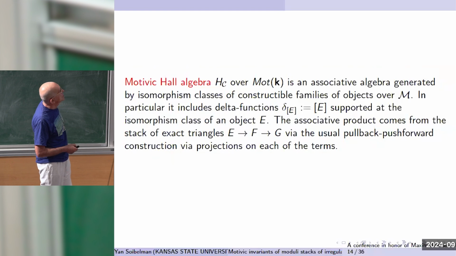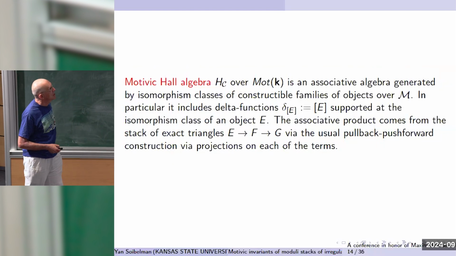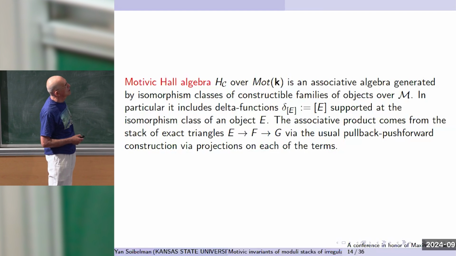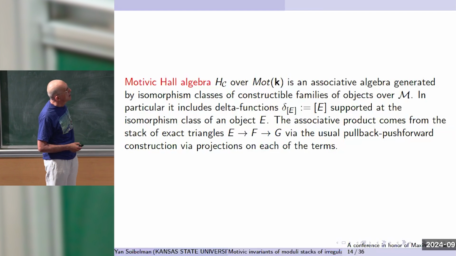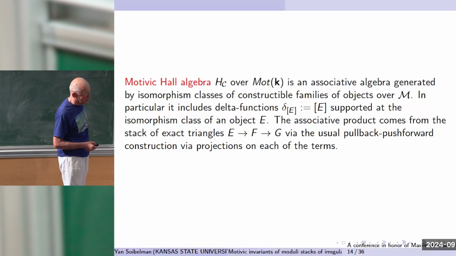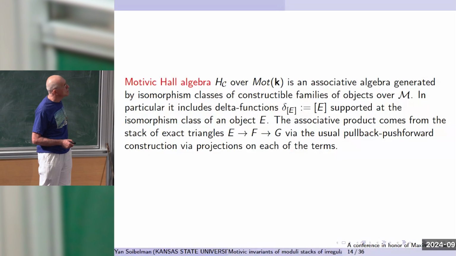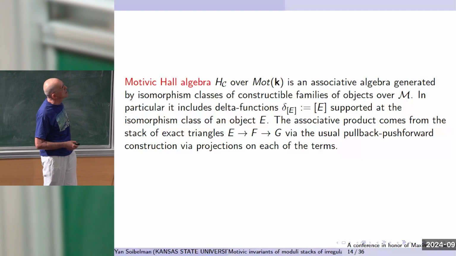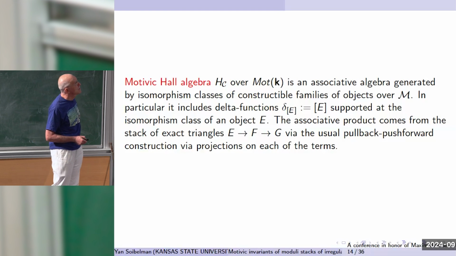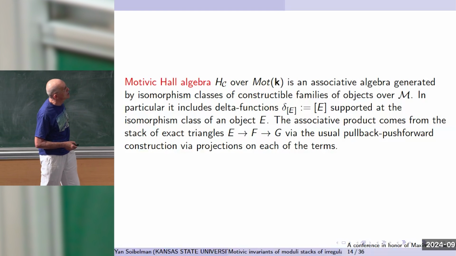Now, with this data, we associate what we call the Motivic Hall algebra. It's an algebra of the ring of Motivic functions, and it's generated by constructible families of objects over the stack of objects of my category. In particular, it contains delta functions corresponding just to isomorphism classes of objects.